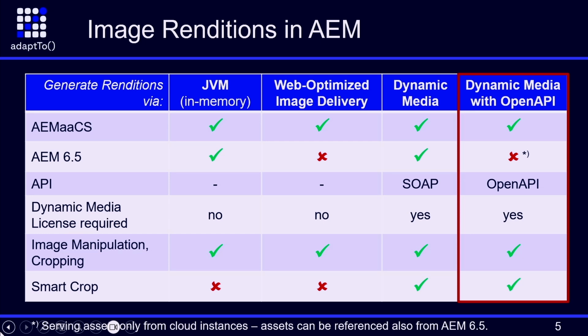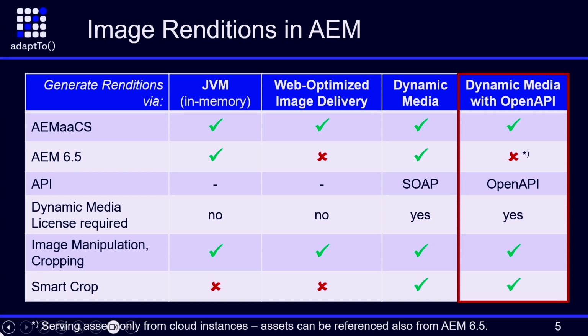That's why there's a new way for, I think, 2 years or so called web-optimized image delivery in the cloud. It's available by default. It does not come with additional licensing costs. But if you're using core components, you have to activate it actively in each content policy for the image component. And then you just get a URL pointing to an Edge URL from AEM as a Cloud Service.